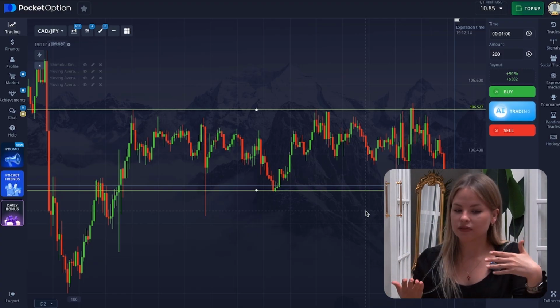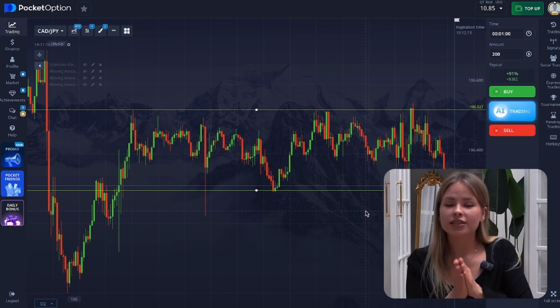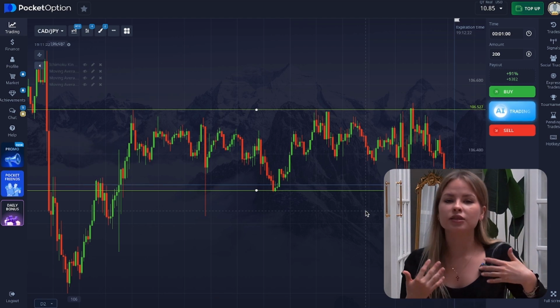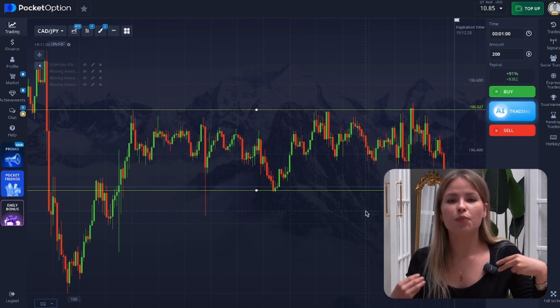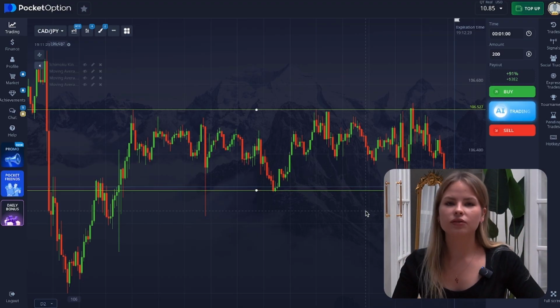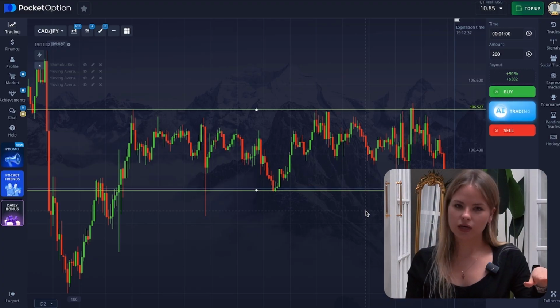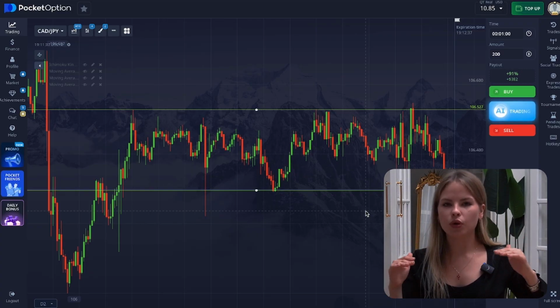And which level, support or resistance, depends on where this level is situated. If it's below our candles, then it's a support level. It supports the price. And if it's above our candles, then it's a resistance level. This level won't let our price go higher, so it stops the growth of the asset.